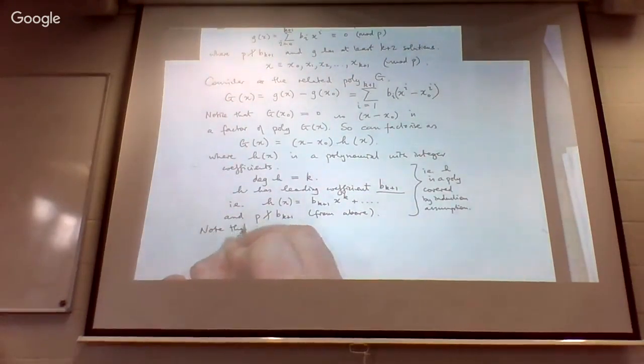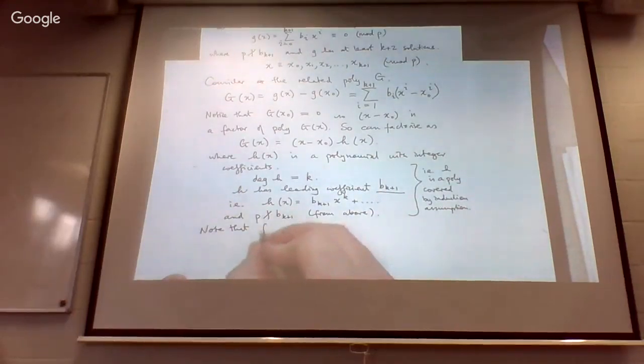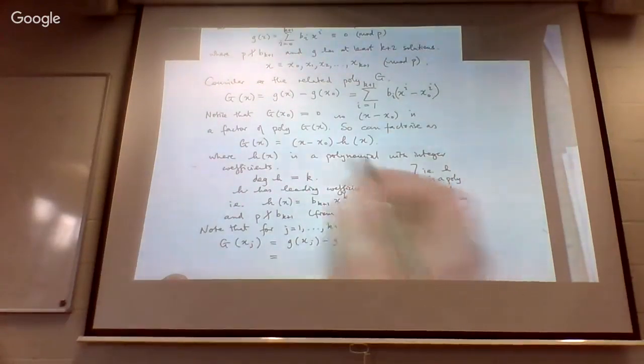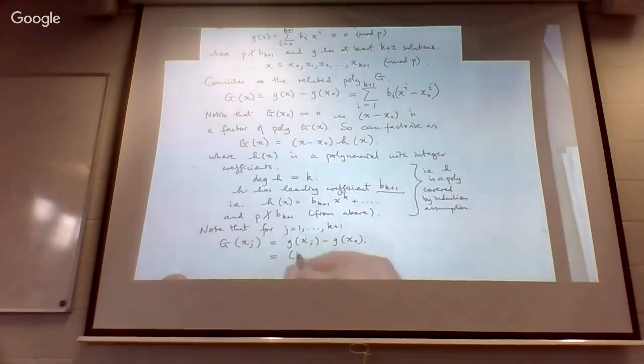So note that for all values of j between 1 and k plus 1, when you look at capital G of x_j, this is g of x_j minus g of x naught, remember? That's how capital G is defined. And capital G we now have factorized, so it is x_j minus x naught times h of x_j.